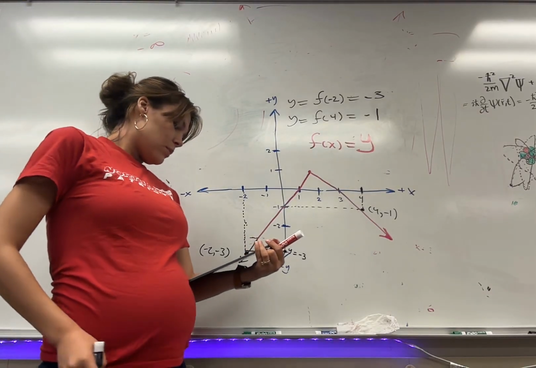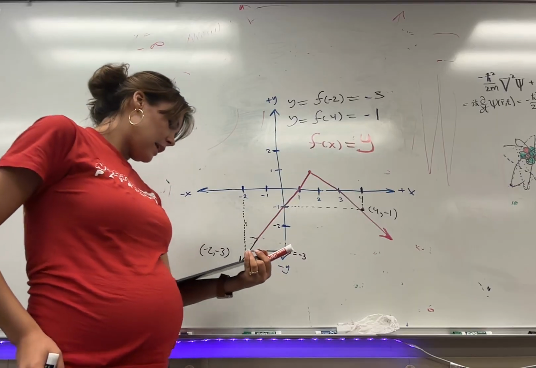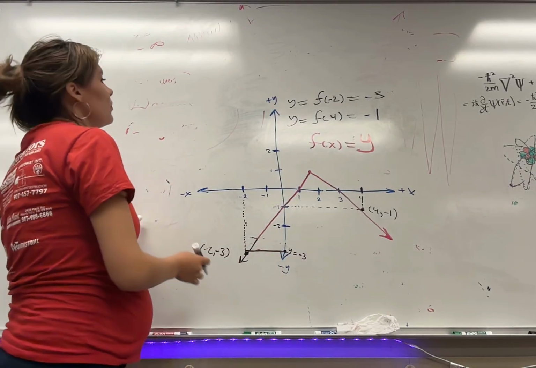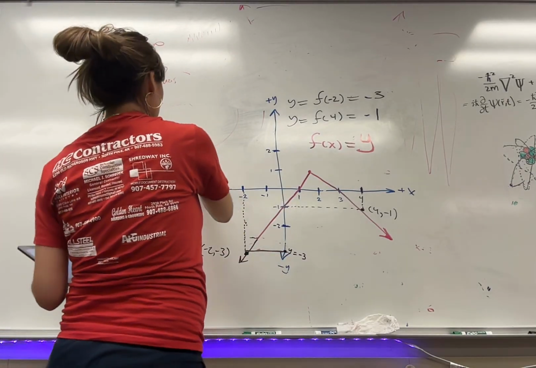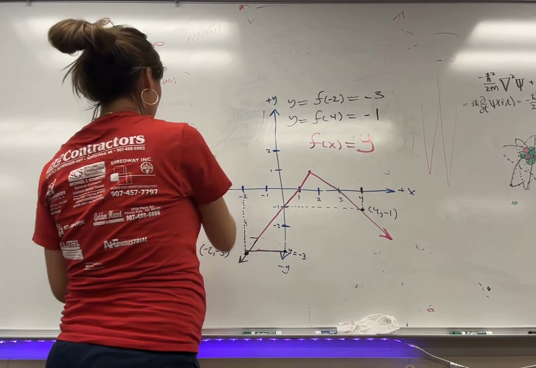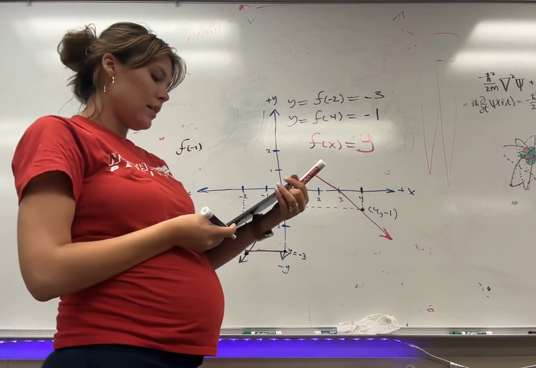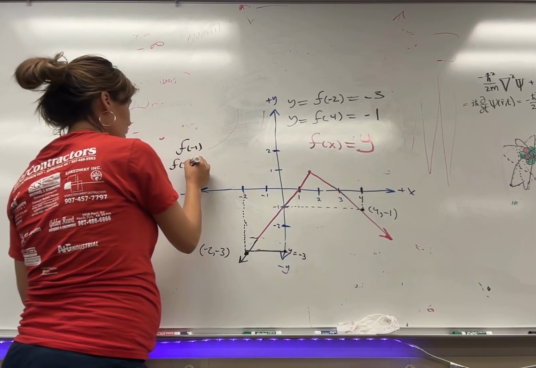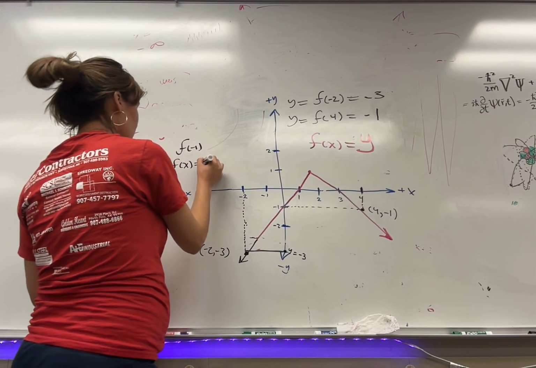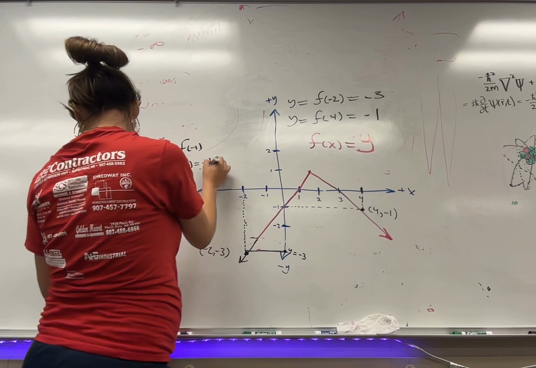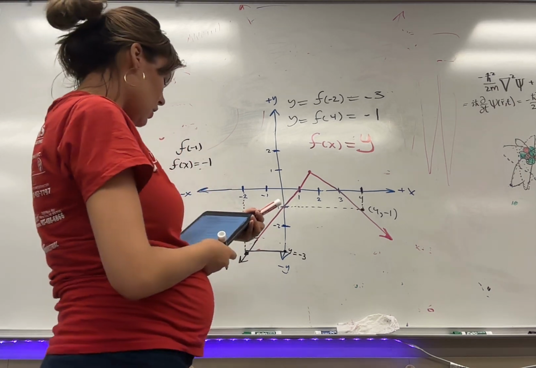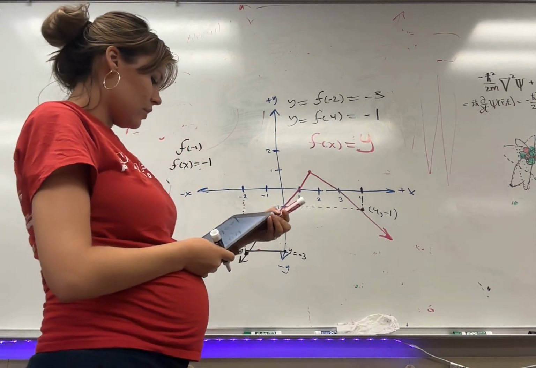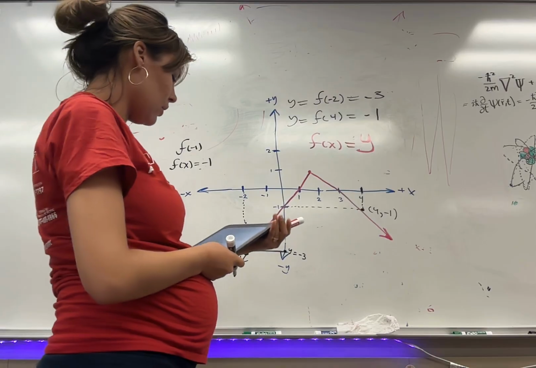You are then asked to explain the difference between f of negative 1 and f of x equals negative 1. Then determine all values x for which f of x equals negative 1.